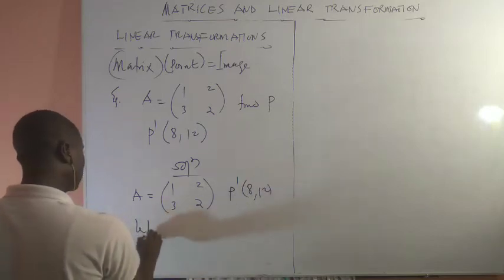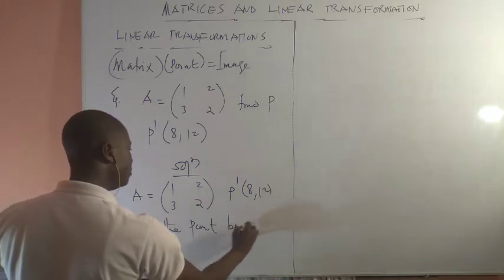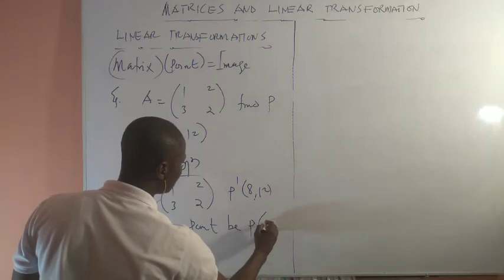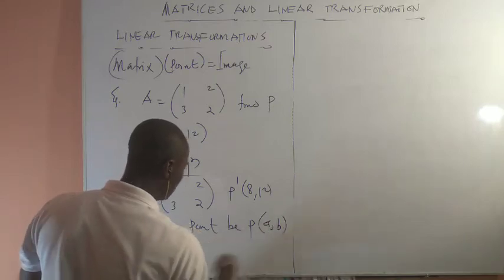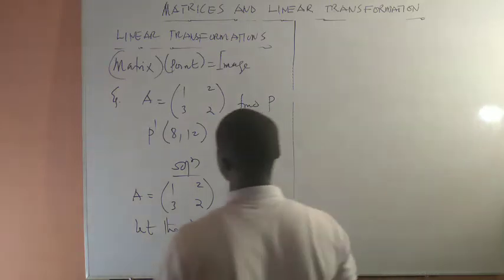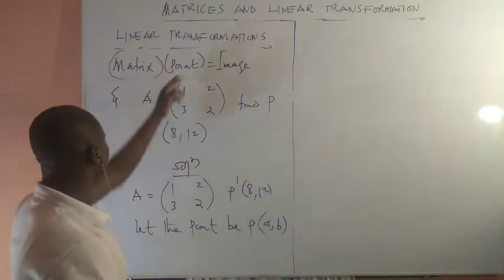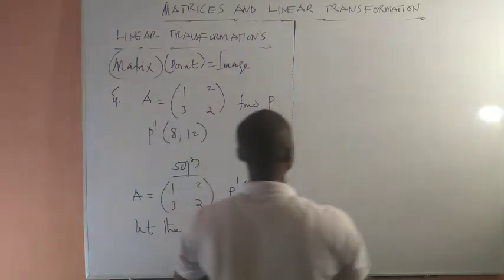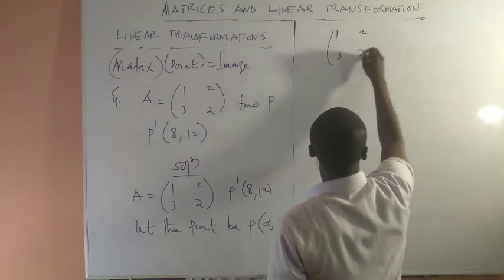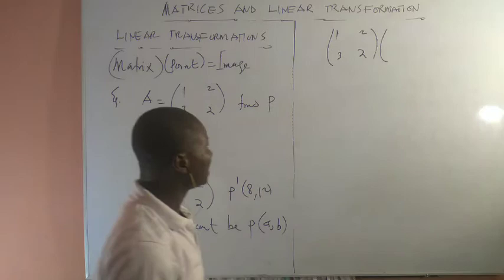Let the point be P, so it can be XY or it can also be AB. We know that when you multiply your matrix by the point, you should get the image. So we can transform the point by the matrix to get the image. Our matrix is 1, 2, 3, 2, and we are multiplying it by the point, which is now AB.